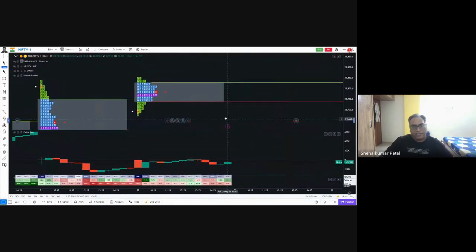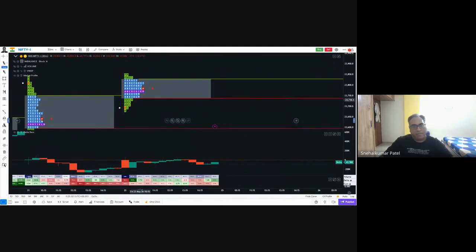What it essentially means is how much time the price has taken at that particular point in time. This is also called time price opportunity, and these are depicted in terms of the alphabets A, B, C, D. Wherever the maximum amount of time is spent, that is called the point of control in order flow.